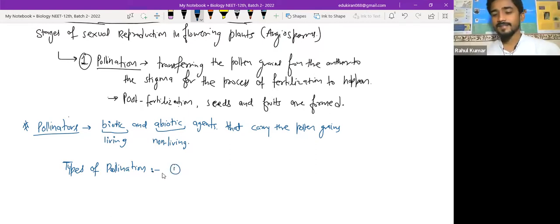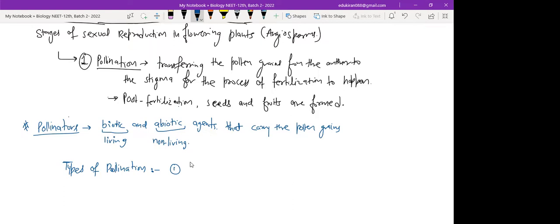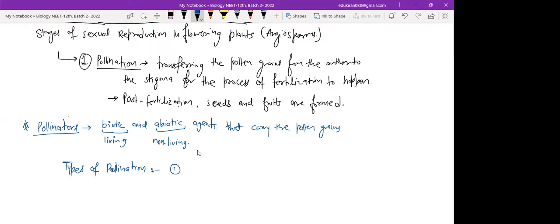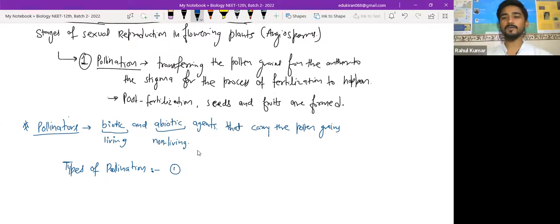Self-pollination. Yes, you're right. In our junior classes we have read about self and cross, right? So now you have to learn the terminology also, because in entrances, they're not going to ask you what is self and what is cross, this is way too easy, right?